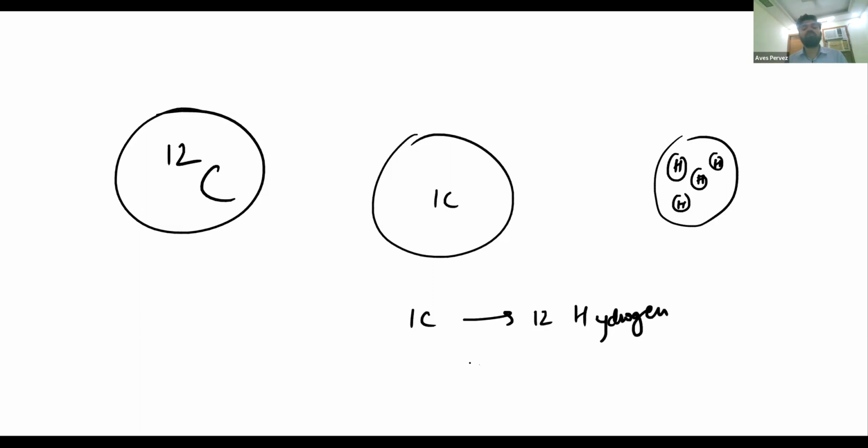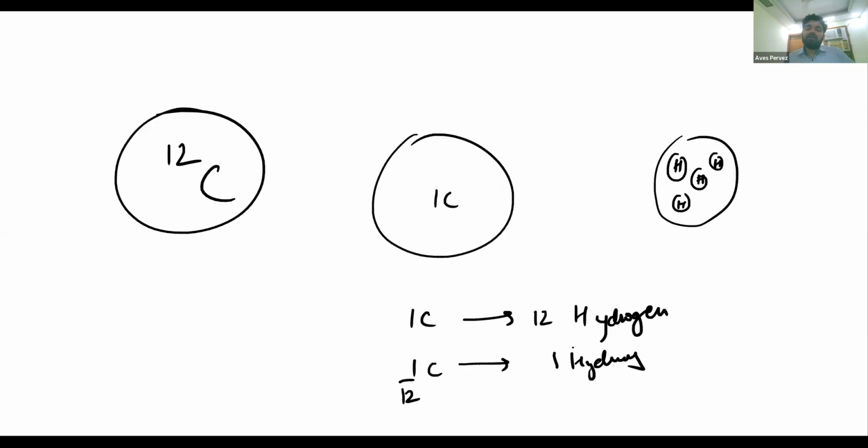So what is the mass of one hydrogen atom? If 12 hydrogen atoms have the mass of one carbon, then the mass of one hydrogen atom, in terms of carbon mass, will be 1 by 12th part of it. It will be 1/12 the mass of a carbon 12 atom. Okay, got it? Yes, sir.